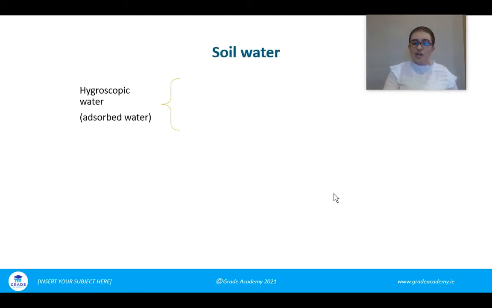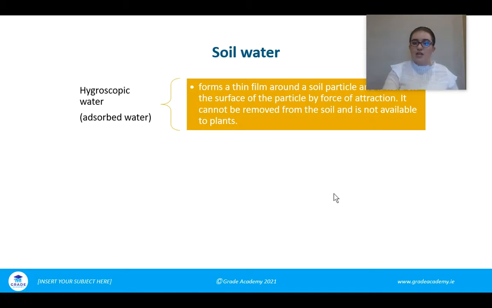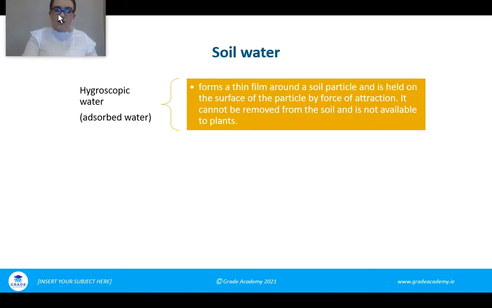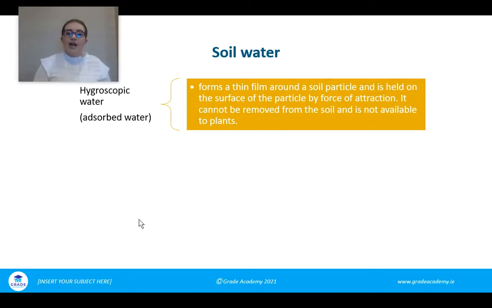So we have different types of water that are available to the soil. These definitions are important, so I would advise you to learn them. The first one we have is hygroscopic water. Hygroscopic water forms a thin film around the soil particle. If this is my soil particle here, this is my water.